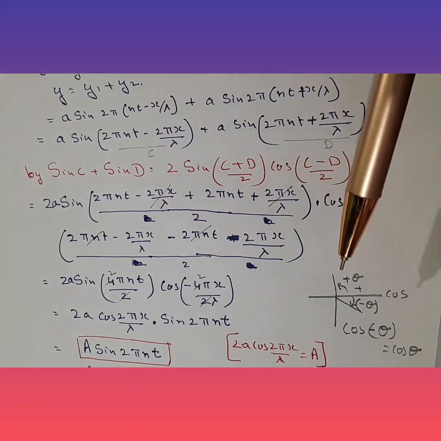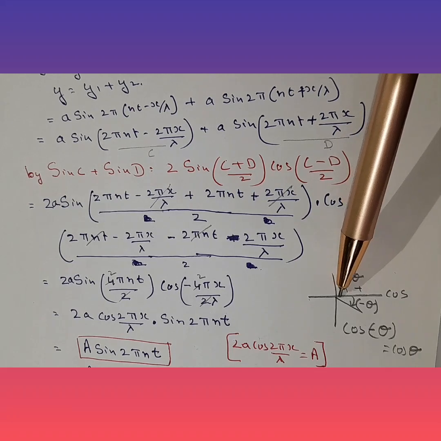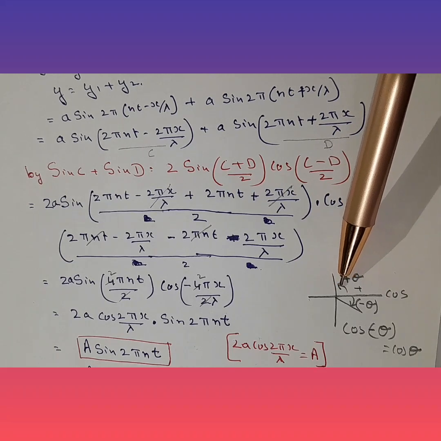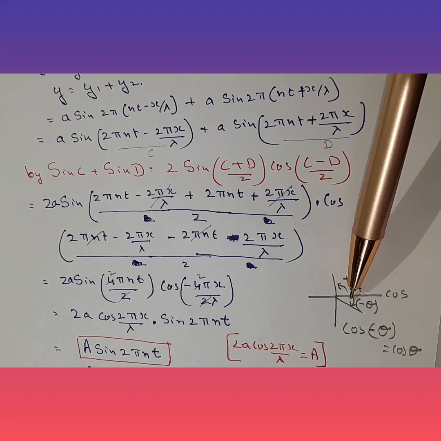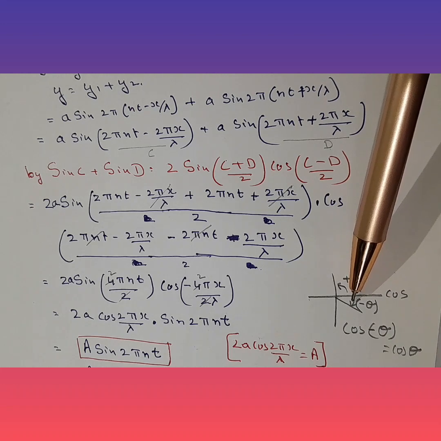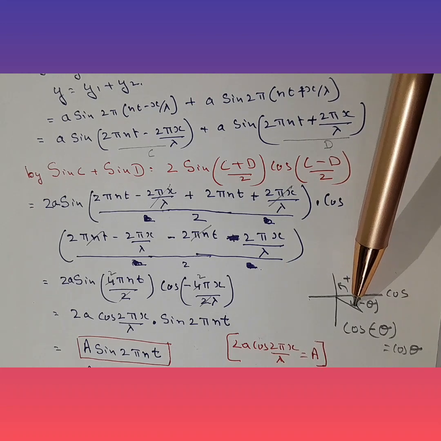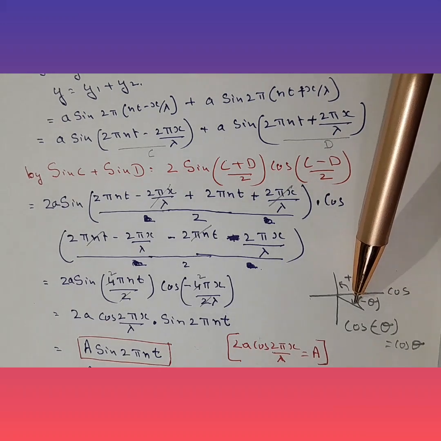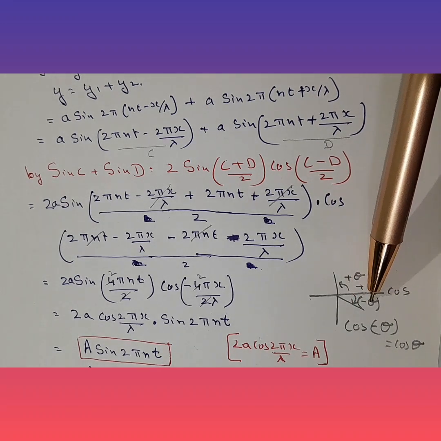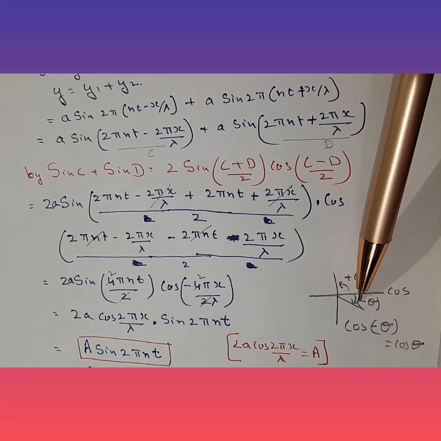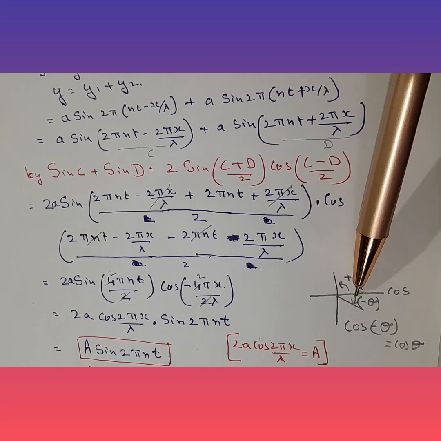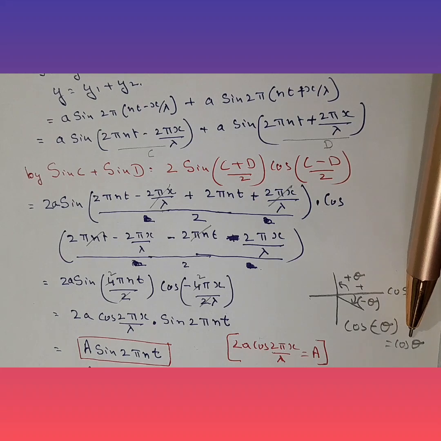Now if we come to our graph, we know that if we take minus theta, it is anticlockwise and comes into the fourth quadrant, and in the fourth quadrant cos is positive, owing to which cos(−θ) is equal to cos θ.